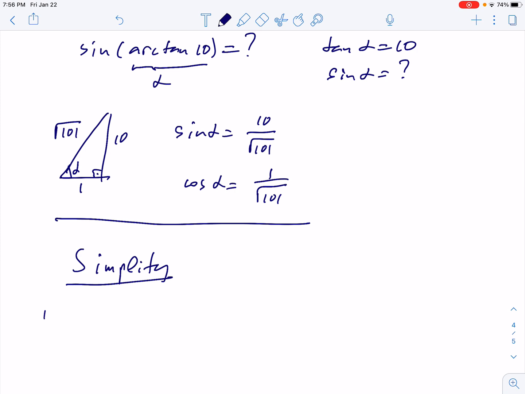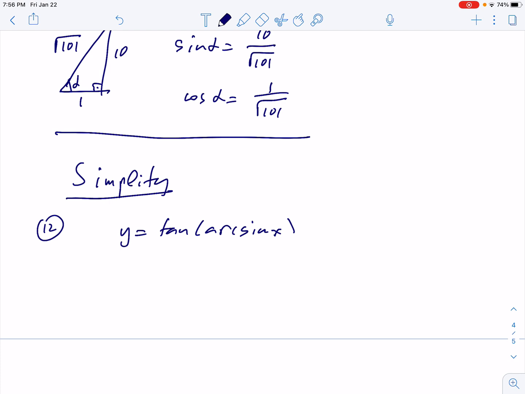Number 12, y equals tangent of arc sine x. x is just a number. We can work here again using our triangle. Arc sine x we call alpha, and we have sine alpha equals x. So we work with this x like we work with any number.